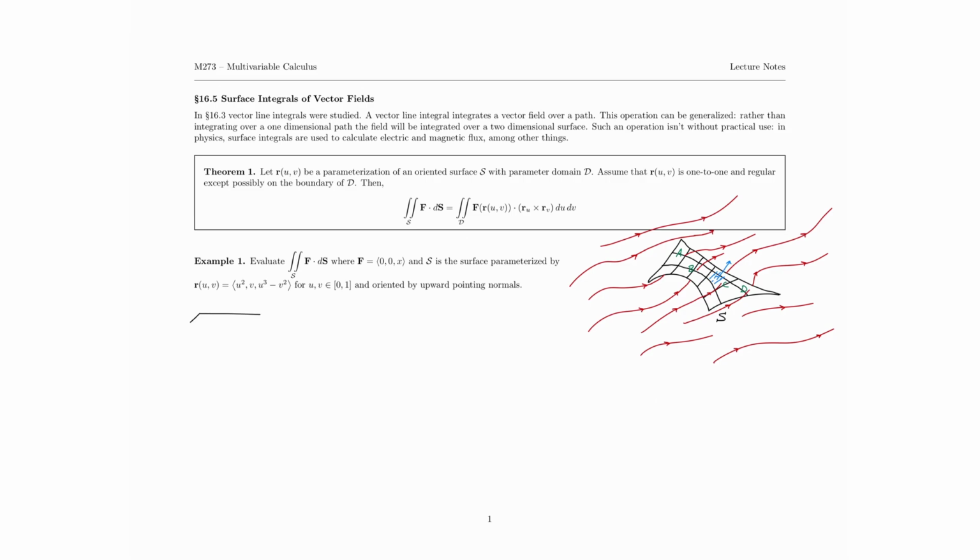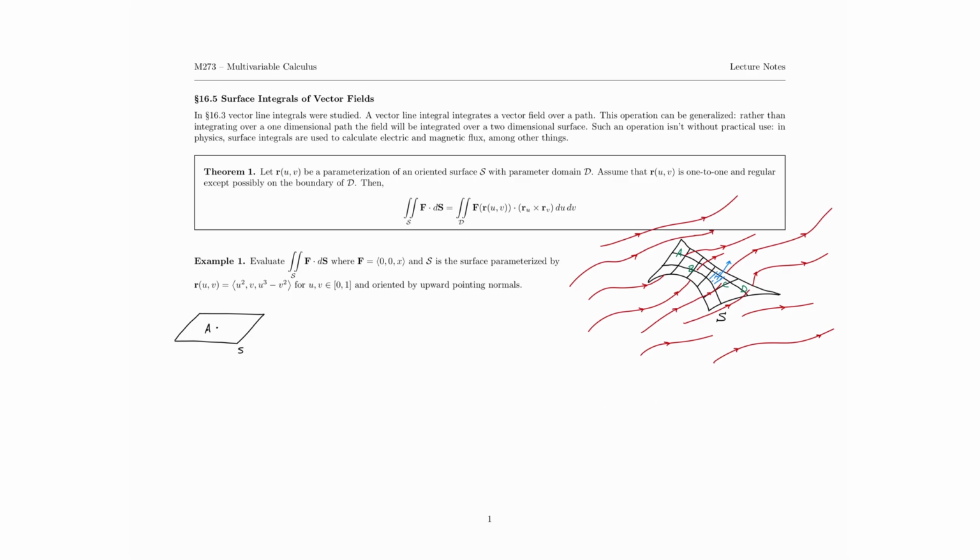If we zoom in really closely, then our surface S at a location A, so let's call this point A here, this is zoomed in.